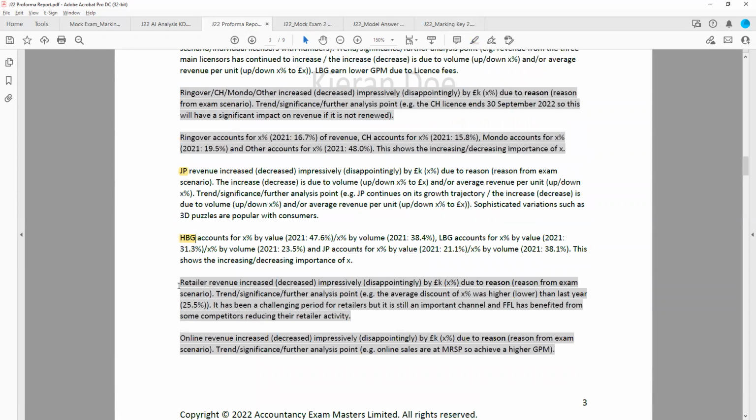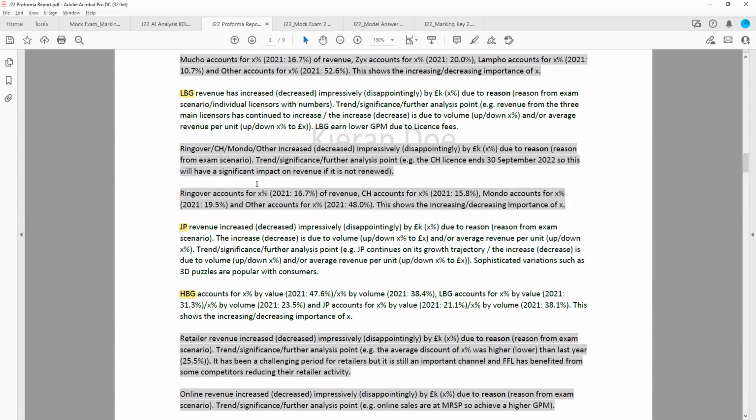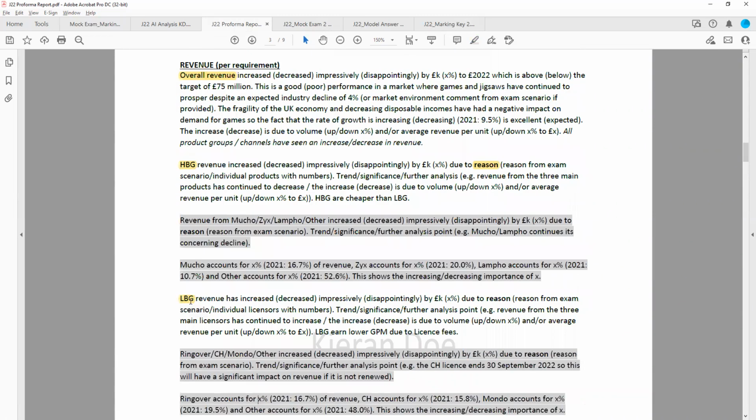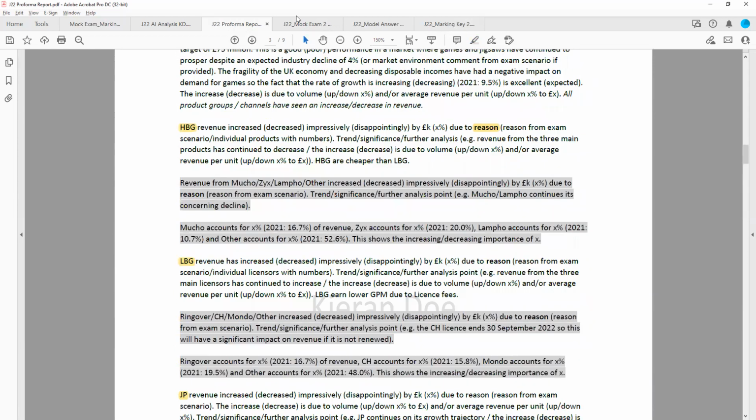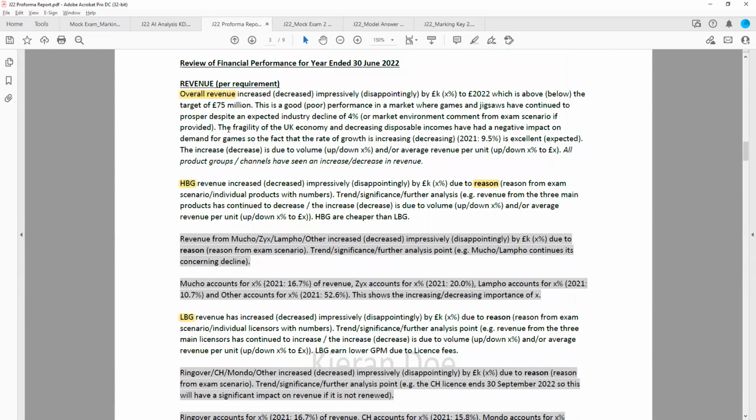Now in the previous mock exam, we were asked to comment on by channel as well, so we had some detailed analysis on retailer and online. But maybe here we'll just focus on the mix, but absolutely overall and by each product group, because that is exactly what the requirement asked for. So this is giving me a reason why HBG would have gone up.